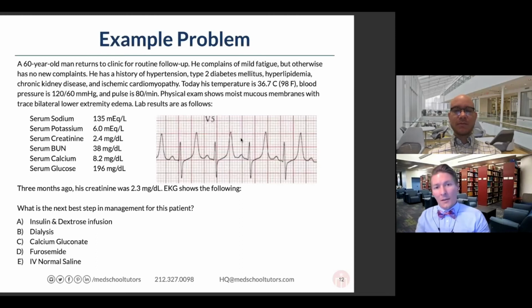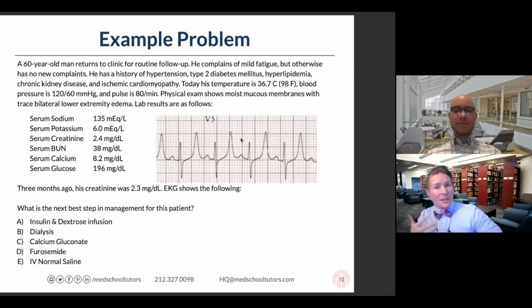The peaked T waves are the key thing that tell you that calcium has to be your best answer, because we have to immediately try to prevent the development of arrhythmia before we manage the underlying potassium issue. In particular, this is a patient who has chronic kidney disease, and we see elevated potassium, which are going to go together.